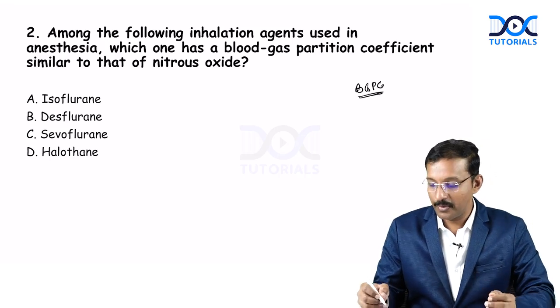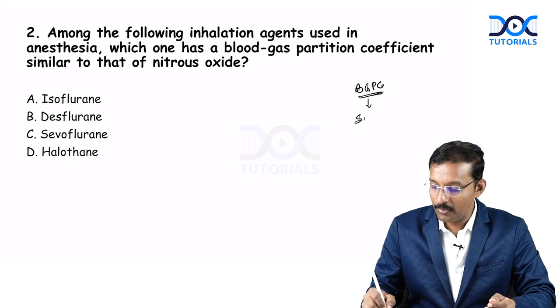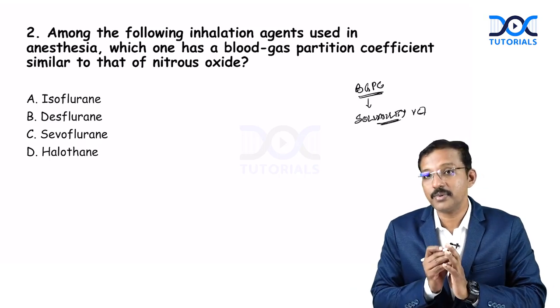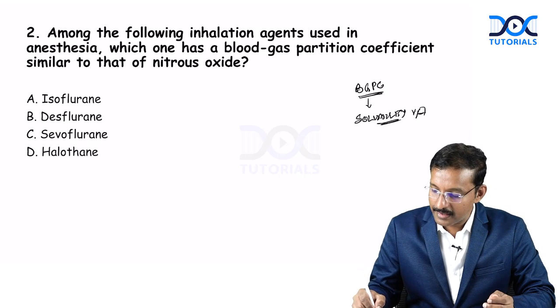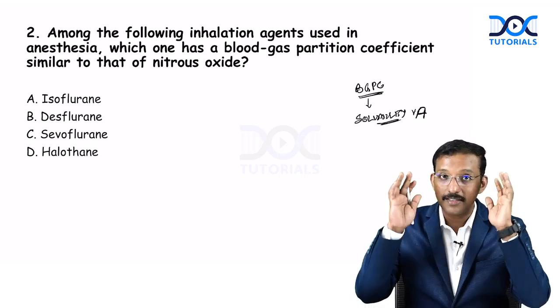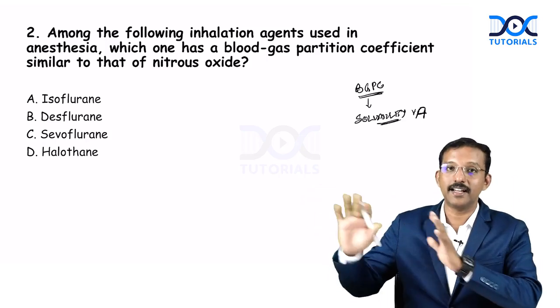We need to know it because it tells us the solubility of a volatile agent. Now, why is this important? Solubility of a volatile agent tells us how fast it enters into the blood, how fast it reaches the brain, and how fast it gets eliminated.